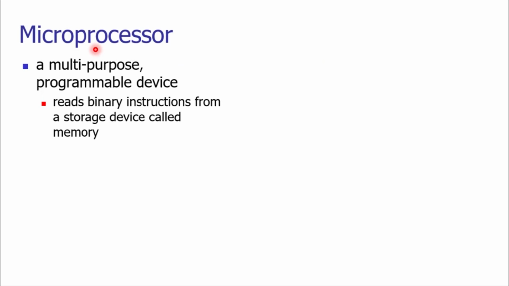The microprocessor, a multi-purpose programmable device, basically reads the binary instructions from a storage device called memory. The memory may be temporary memory or it may be permanent memory.